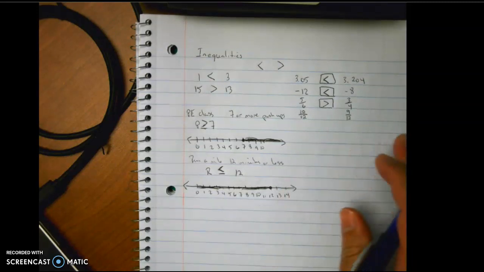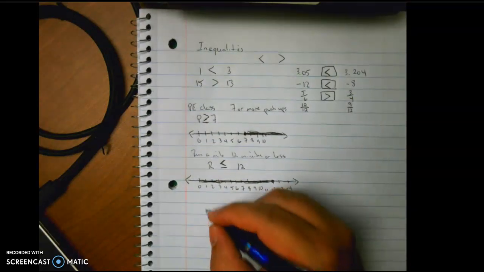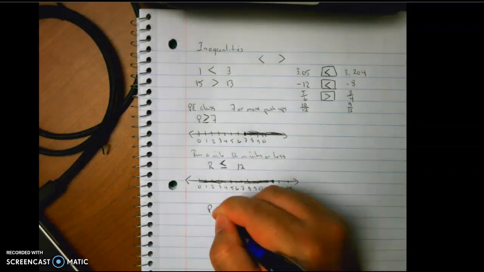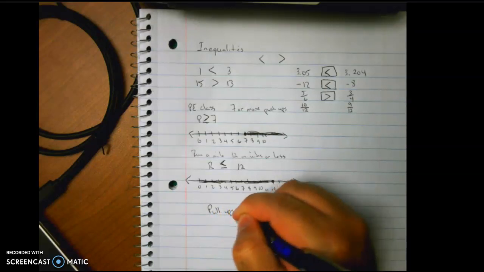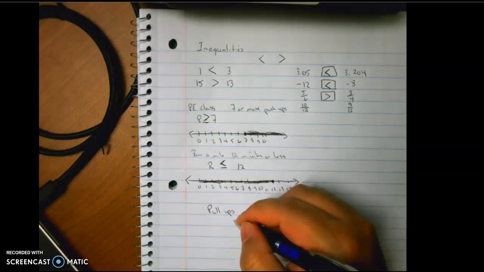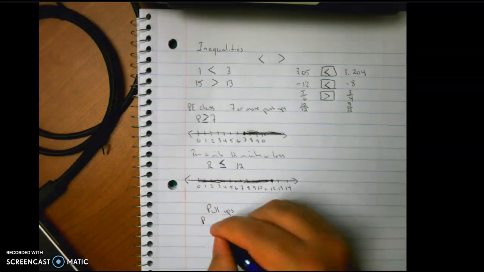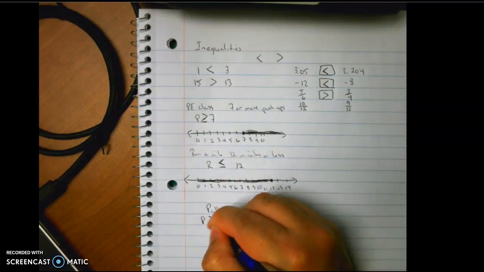Now, if we were to say something like pull-ups, everyone in the class could do more than 4 pull-ups. So again, we're going to say everybody could do so many pull-ups. In this case, 4. Everybody could do more than 4.